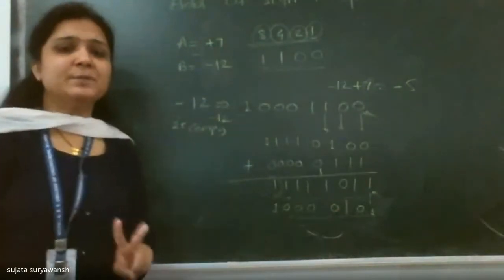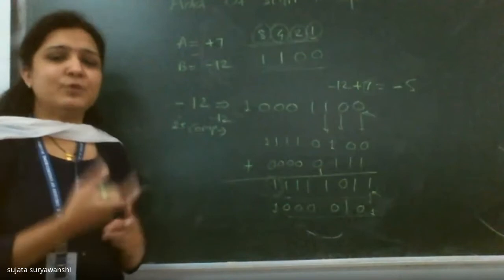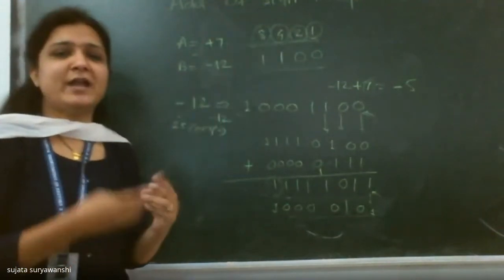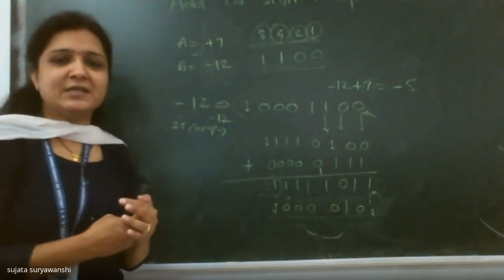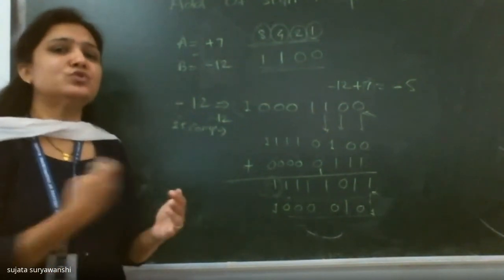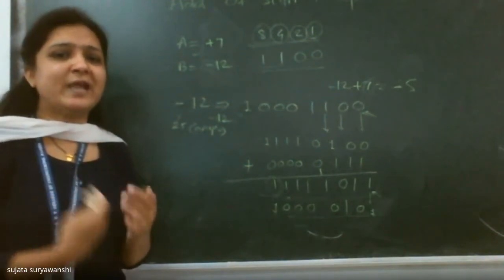So in case both numbers are positive, then simply represent them in sign magnitude form and use arithmetic addition rules. If one of the numbers is negative, then you have to find the 2's complement of the negative number, and only then can you use the arithmetic addition operation.